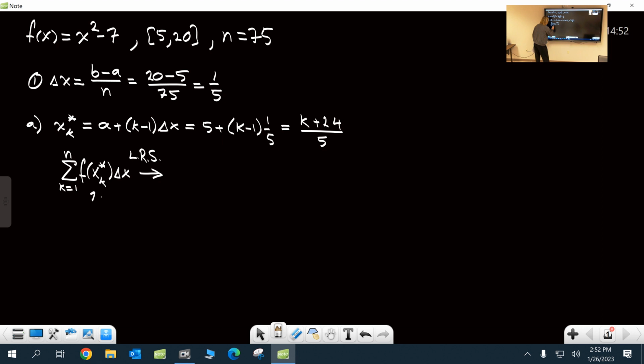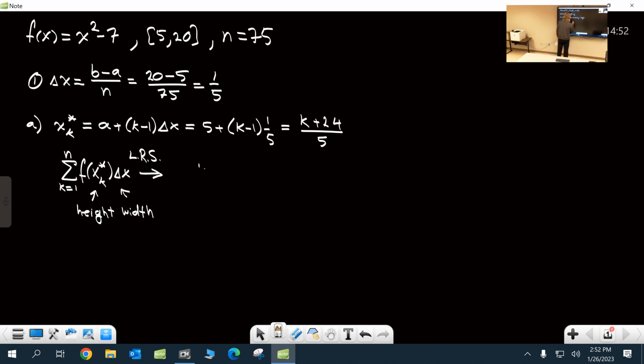One more time: this right here is the height of each rectangle, which is different all the time. This right here is the width of each rectangle, which will stay the same.